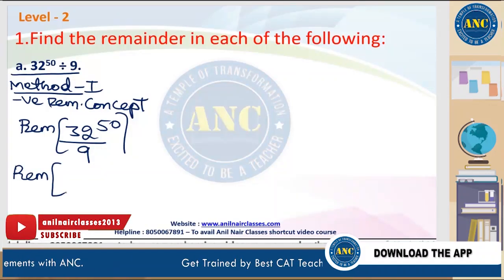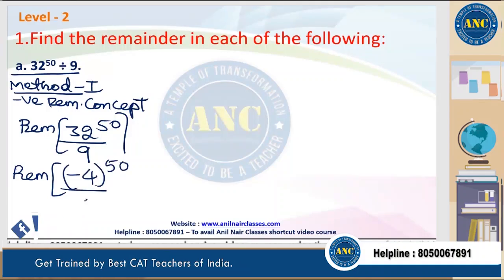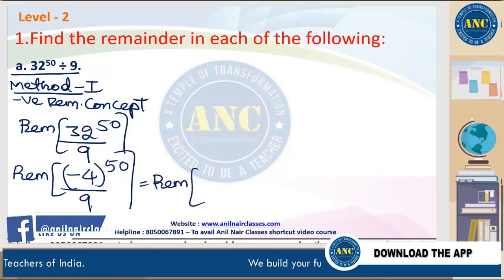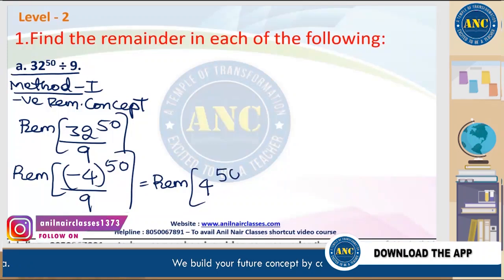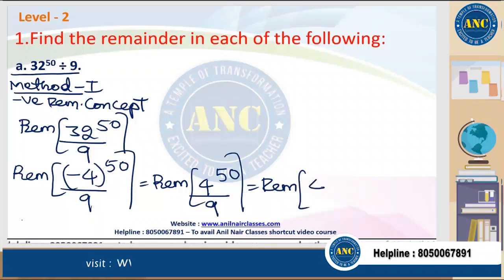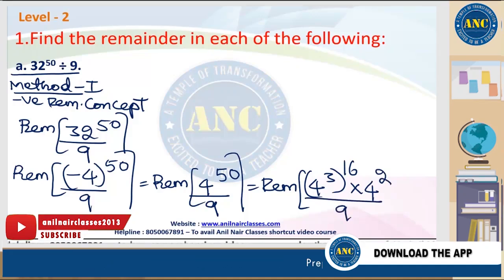I am more interested in the negative remainder. Minus 4 power 50 divided by 9. Minus power even is even, so 4 power 50 divided by 9. This is nothing but 4 cube power 16 into 4 square divided by 9.